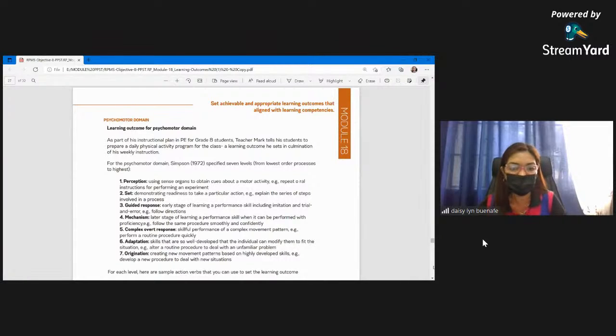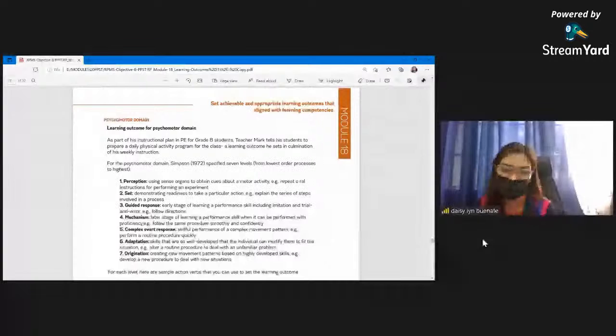So follow the same procedure smoothly and confidently. Then complex overt response, skillful performance of a complex movement. Example, perform a routine procedure quickly, kanisya no ka na mga complex na ng mga movements.